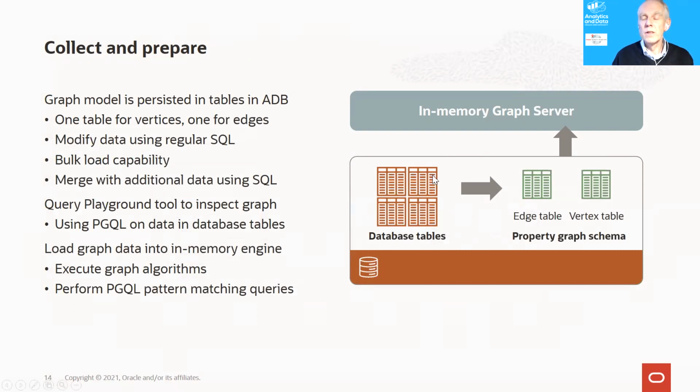So we have the source tables, and then in the first step, once we've done the modeling, we're moving the data into dedicated storage structures in the database. These are regular tables. That's one for all edges, one for all vertices, and they're regular tables. So you can enrich your data set. You can bulk load into these tables.